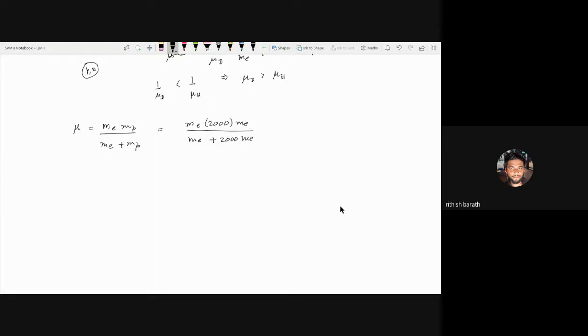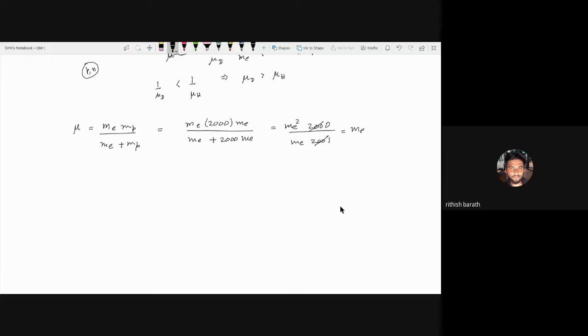So that is equal to me square into 2000 divided by me into 2001. So this will cancel, so you get this to be roughly equal to me. If this number is large, then this will be the same as me.